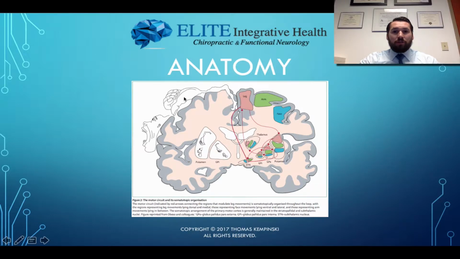And then you have your arm and your hand a little more lateral, and then we have our face and head out this way. So on the right you can see leg, arm, face, and here are those basal ganglionic structures again that we just talked about: your putamen, your globus pallidus, here's your thalamus, your subthalamic nucleus. The substantia nigra is not being shown, nor the caudate nucleus. But you can see that the somatotopic maps hold true in these positions.